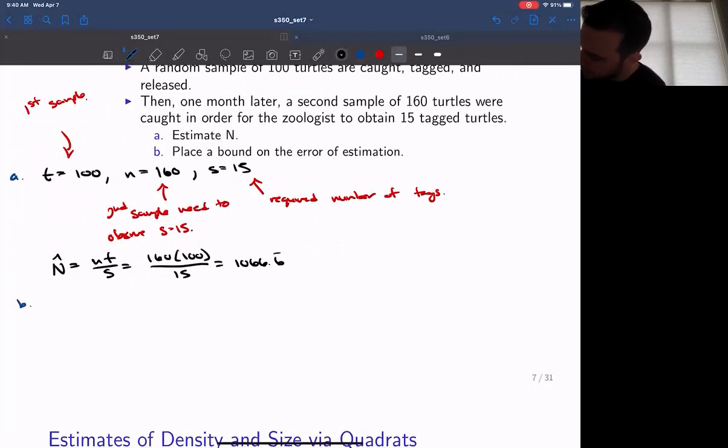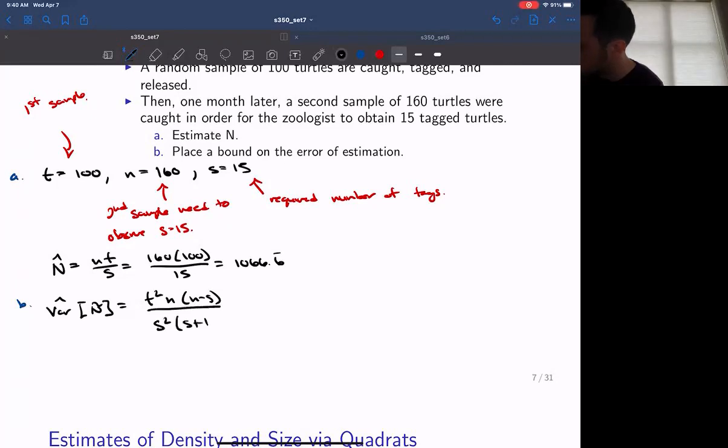Okay, and then in B, our estimate of the variance of N tilde is going to be T squared multiplied by n multiplied by n minus S, divided by S squared times S plus 1.